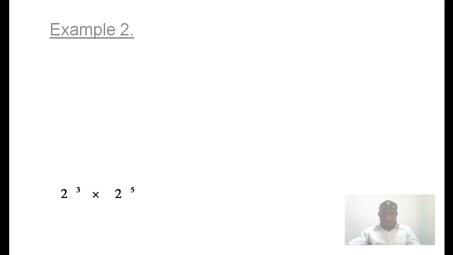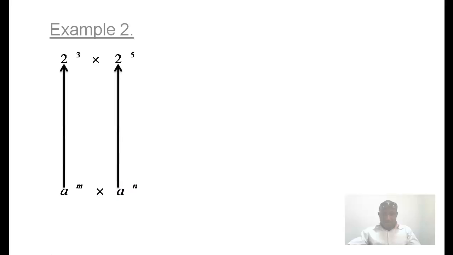In our second example, we look at a case where the expression has a numeric base: 2^3 multiplied by 2^5. This can be compared with the generic form of indices from our first law, a^m multiplied by a^n. This implies 2 is the base number, and 3 and 5 are the indices.